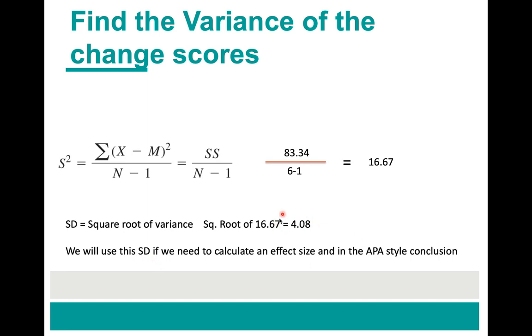But this number is not what we carry forward for the t-test. We can go ahead and find it now, but for right now, we're going to set it aside. We're going to ignore this 4.08 because that's not actually what we need for the t-test. To move forward with the t-test, we need to carry over the variance, 16.67.